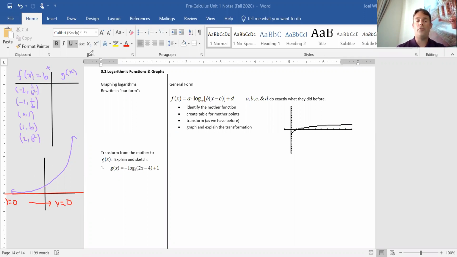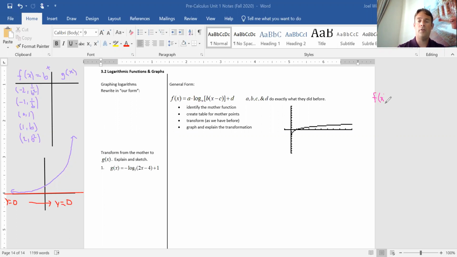Well, this was exponential, and the reason why I'm spending a little bit of time looking at that is, again, exponential functions are the inverse of logarithm functions. So we're going to end up doing the exact same thing we did before. We're just going to make a couple small changes.